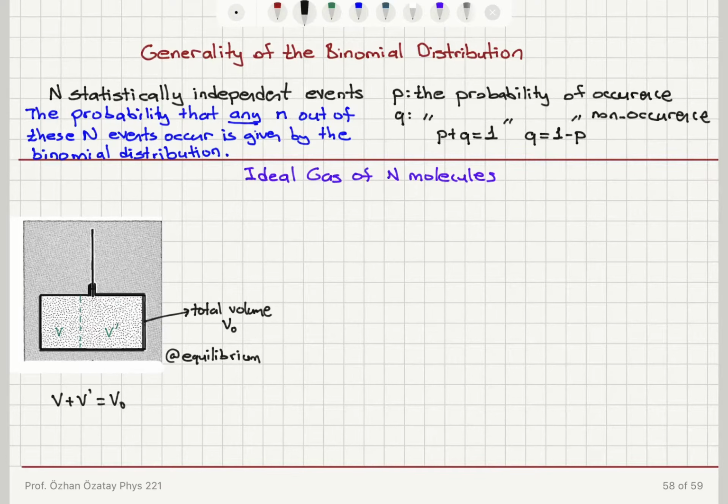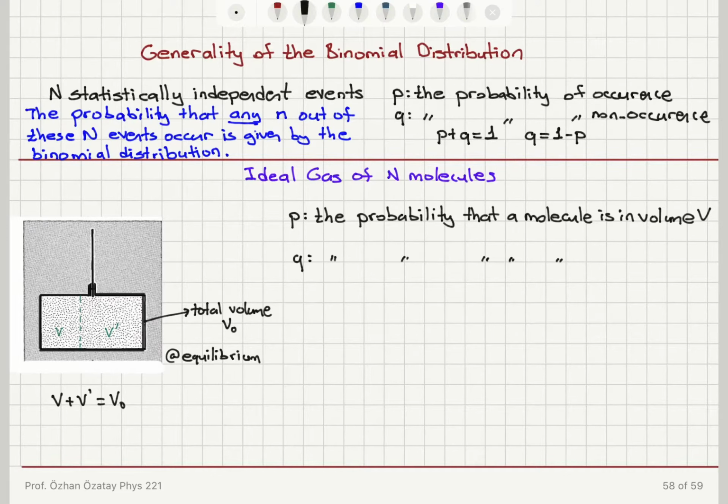Okay, now I call P the probability of occurrence. So it is the probability that a molecule is in volume V, and the probability of non-occurrence, Q, is the probability that a molecule is in volume V prime.